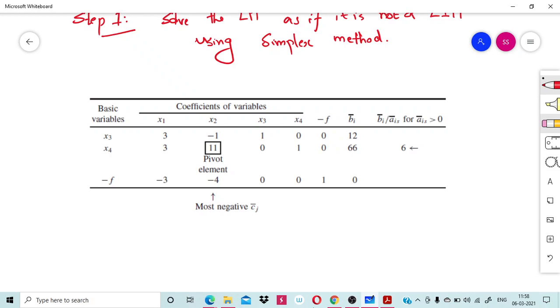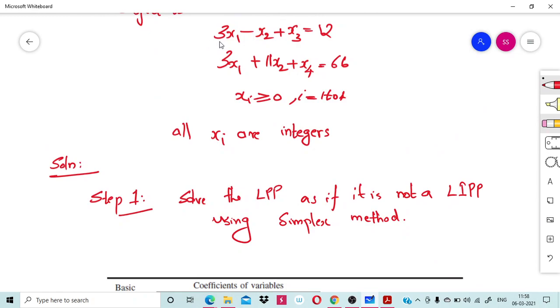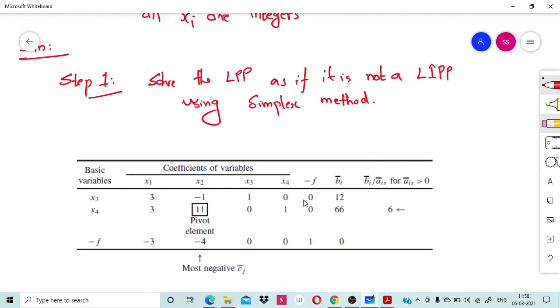So you will proceed like this. First you will get this, that means your first equation is corresponding to the first row: 3 minus 1 1, then 0, then 12, like that, 1 0, then 0 12.